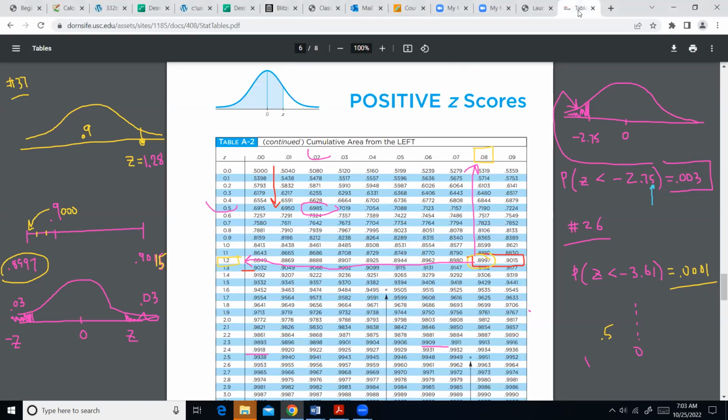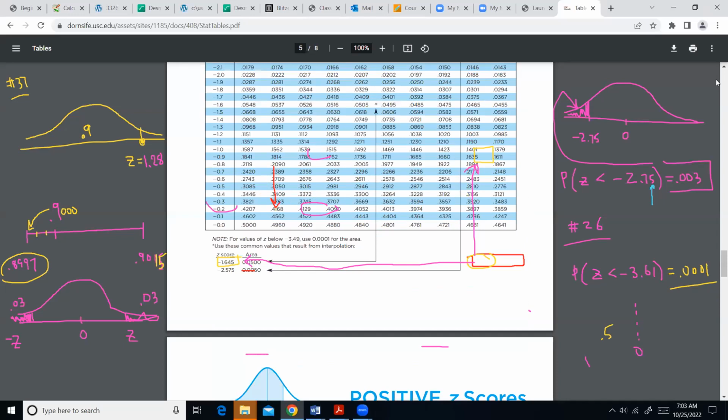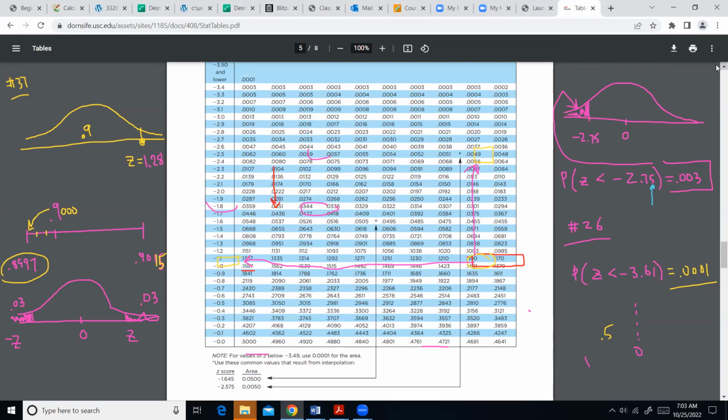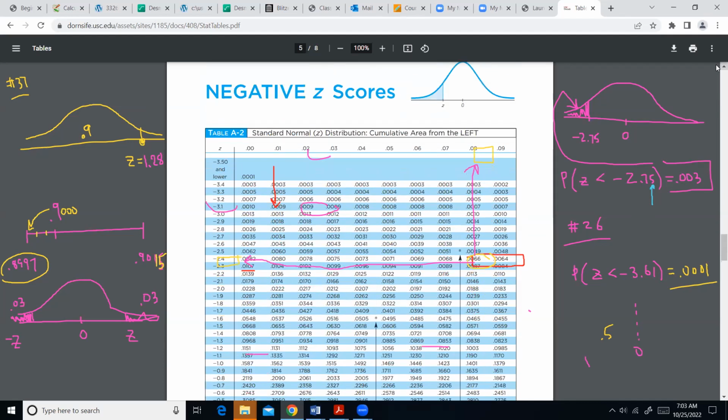And for that matter, I'm gonna scroll up where the negative Z scores are located, because looks like we now need the one on the left, which is negative, right? So let us maybe clean this mess a little bit and try to find the closest number to 0.03.